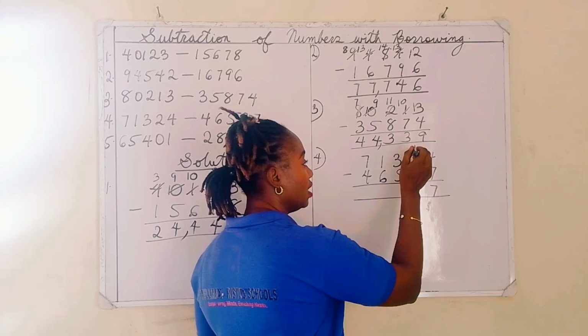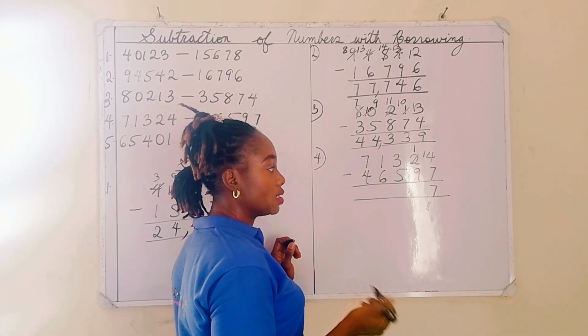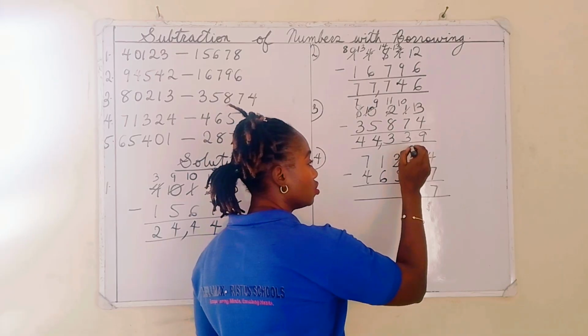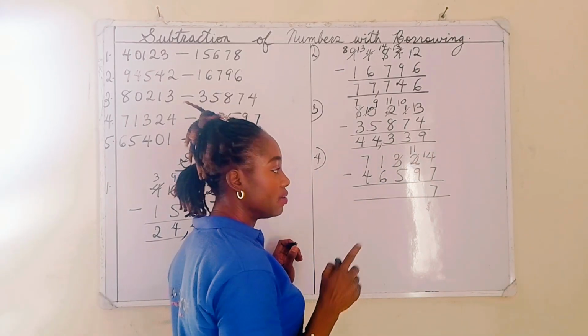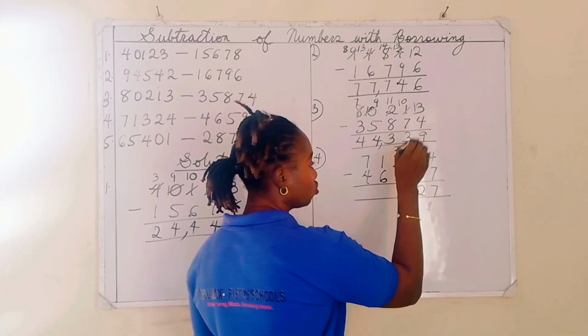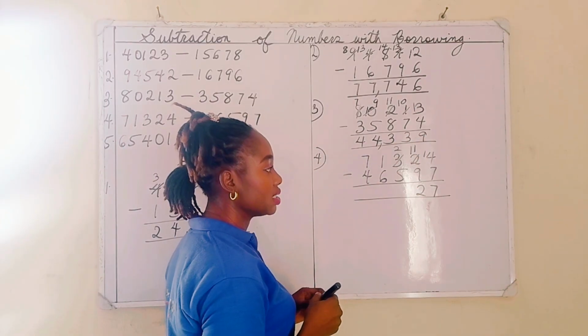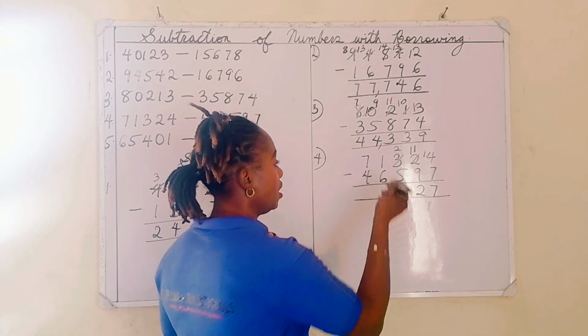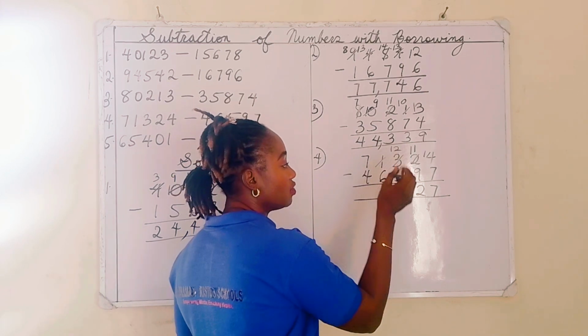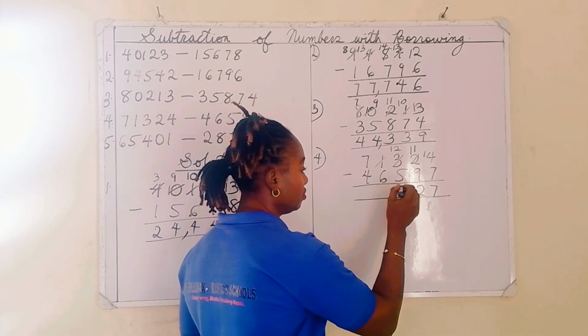And here, we're left with 1. 1 can't take away 9. We borrow from 3, right? Add it to 1 to make it 11. 11 take away 9 gives us 2. And here we're left with 2. 2 can't take away 5 as well. Then we borrow 1 from here, add it to this to make it 12. 12 take away 5 is 7.